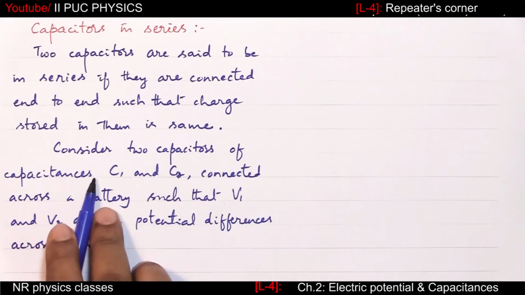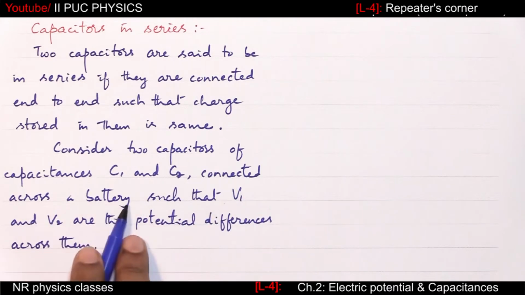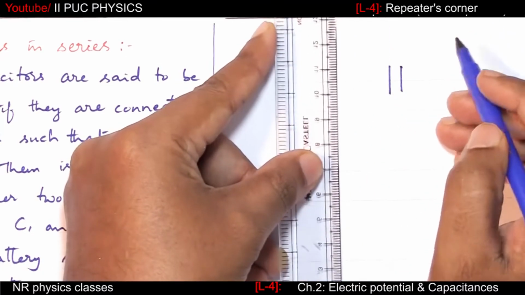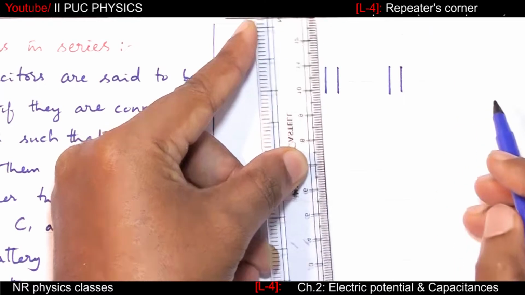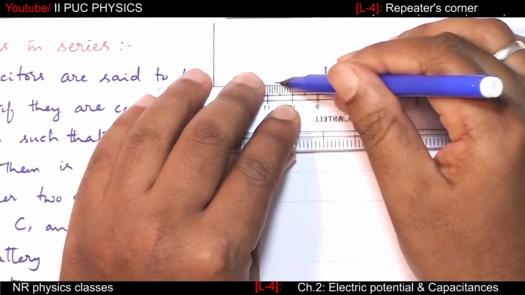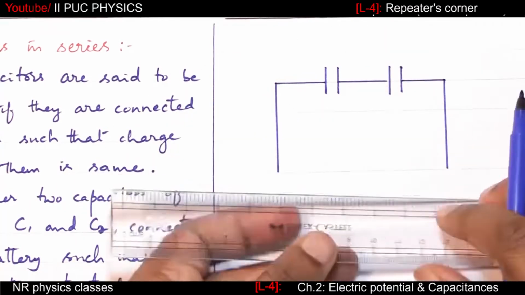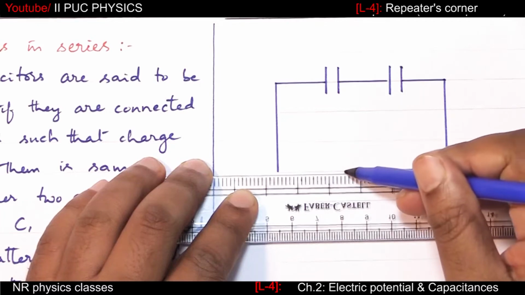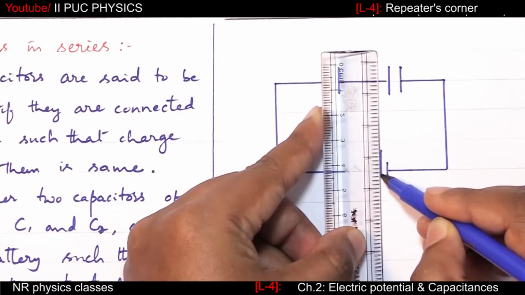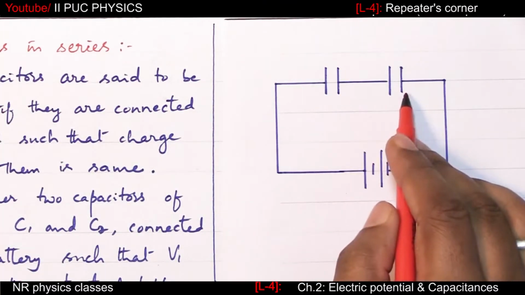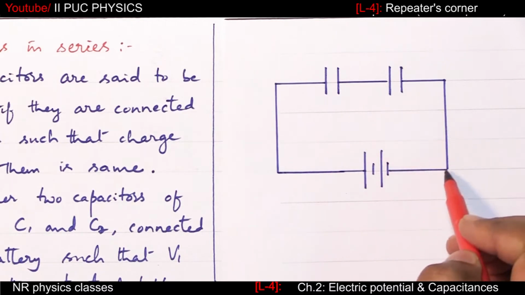Consider two capacitors of capacitances C1 and C2 connected across a battery such that V1 and V2 are the potential differences across them.